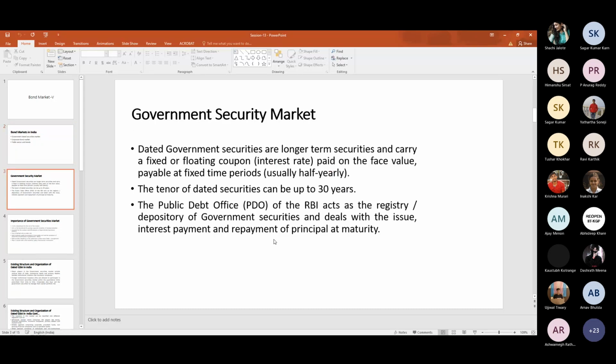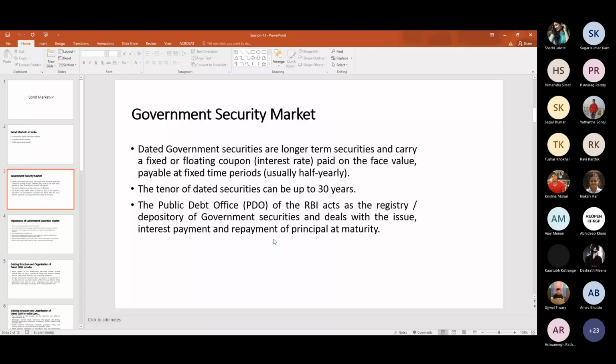You already know that the government security market is basically long-term securities, and they carry a fixed or floating interest rate, which is nothing but the coupon. Coupons are always paid on the face value, and at fixed intervals or time periods. Generally, coupons are paid half-yearly for government dated securities.